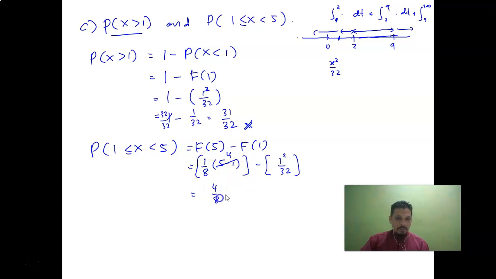So 4 over 8 minus 1 over 32. Make this a common denominator: 8 multiplied with 4 equals 32, so 4 times 4 equals 16. 16 minus 1 equals 15 over 32.